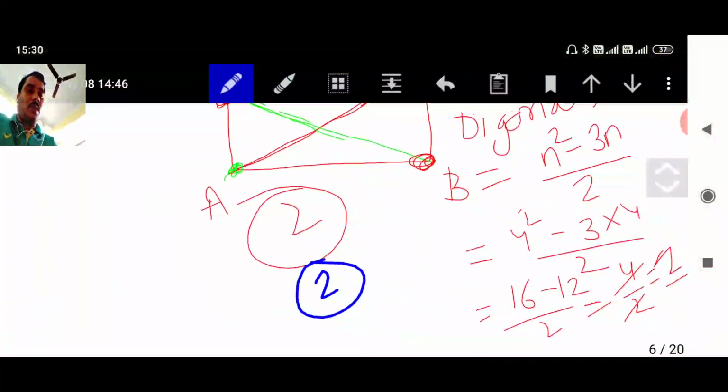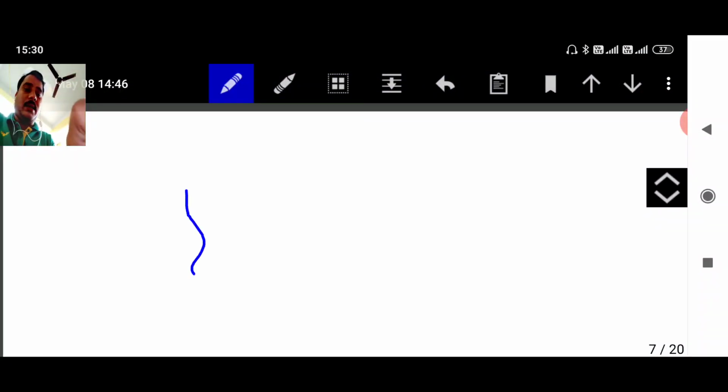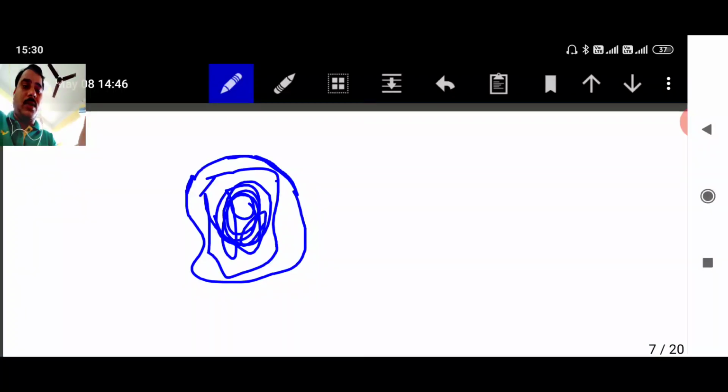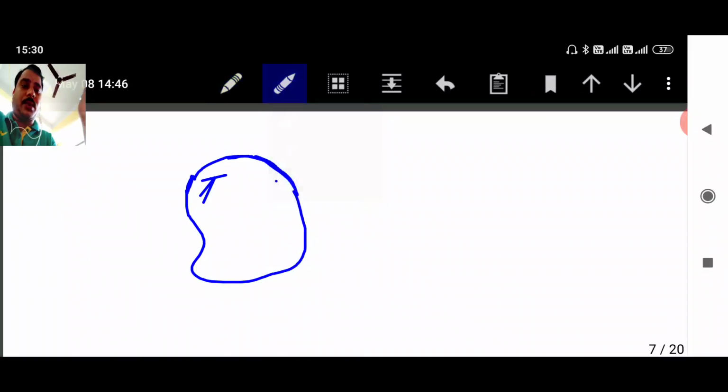If we want to draw interior and exterior, then let it be a curve. Okay, it is a closed curve. Then this inside portion is known as the interior.